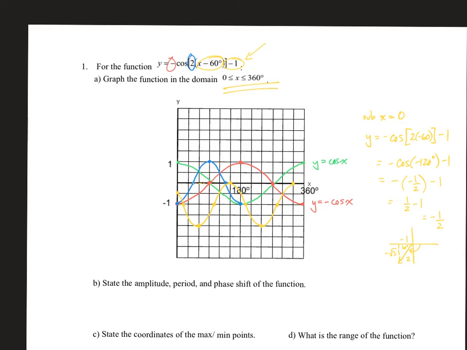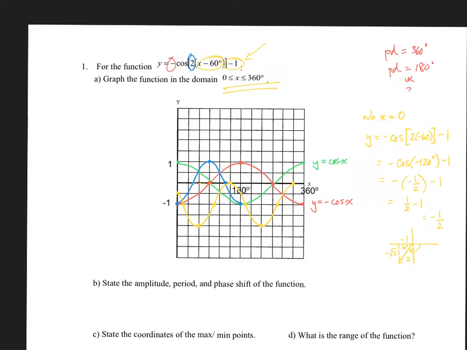Now, before we feel like we have to do the same thing at the end of our domain, we don't. Because I know that my normal period for my cos curve is 360 degrees. And if I do a horizontal stretch by a factor of 1/2, I know that my new period is going to be 180 degrees.